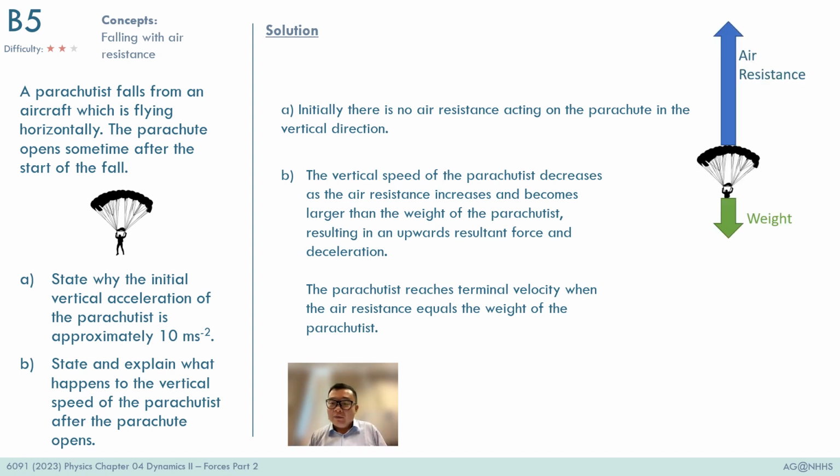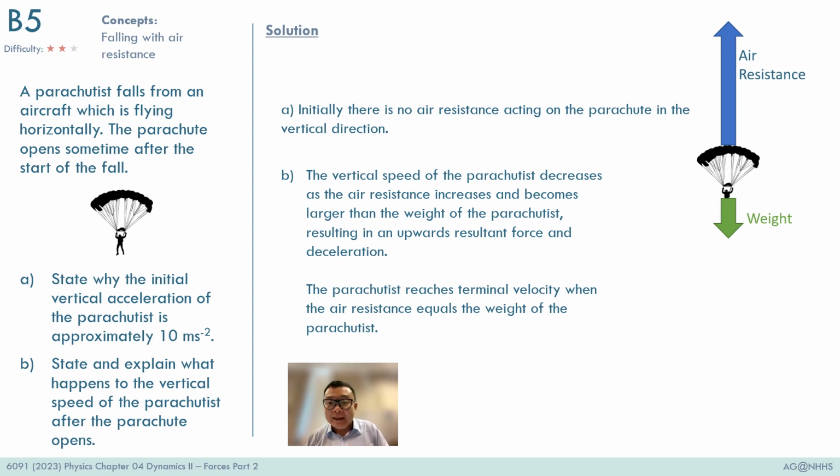So if I draw a free body diagram, this is the free body diagram of the parachutist when the parachute just opens. The person is falling, there is a downwards weight that remains the same, but suddenly the upwards resistance force becomes humongous, and I have represented that using a very long blue arrow.